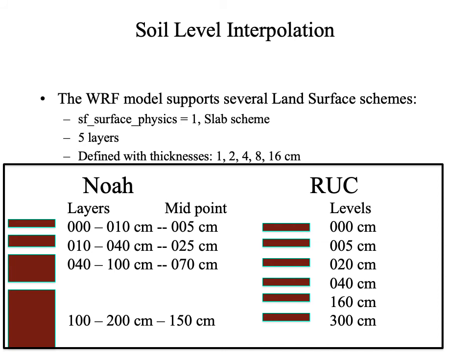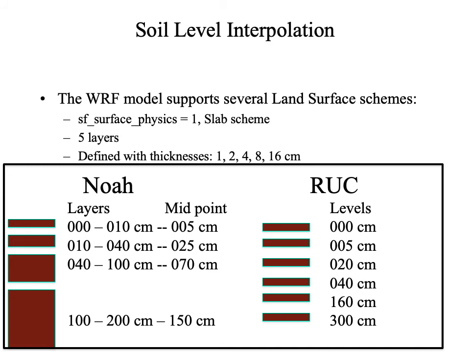The RUC scheme is defined at levels instead of layers. And the levels are 0, 5, 20, 40, 160, and 300 centimeters. So inside of the WRF model, when we choose a land surface model option, depending on the a priori known defined locations and thicknesses of that particular scheme, variables are interpolated between either the NOAA or the RUC, for example, input data.